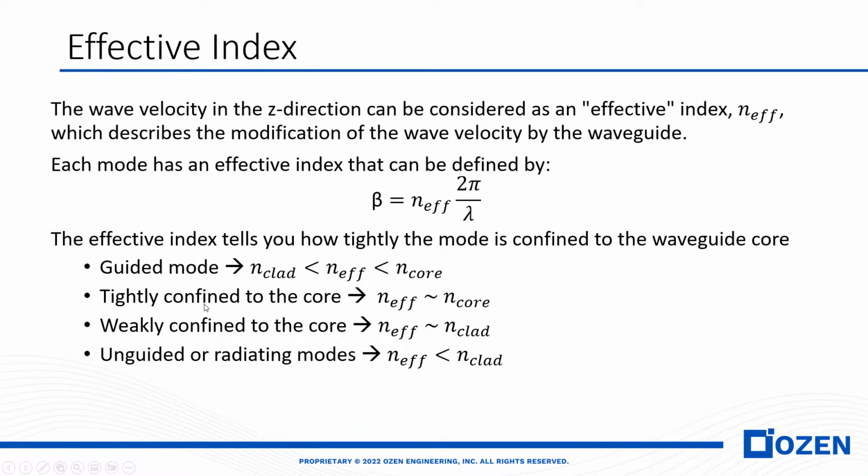For a mode tightly confined to the core, the effective index is roughly about the core index, and for a weakly confined mode, the effective index is roughly about the clad index. If the effective index is lower than the clad index, we don't have a guided mode, and all of the modes are unguided or radiative modes.